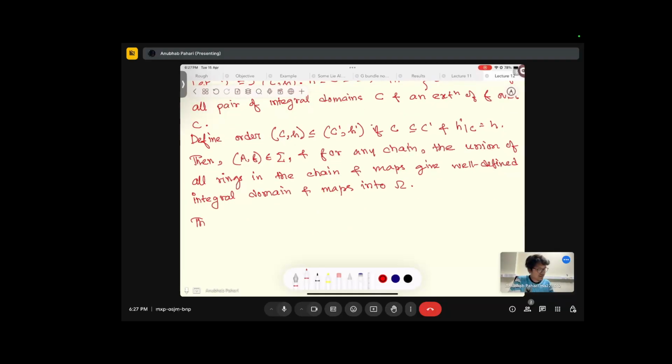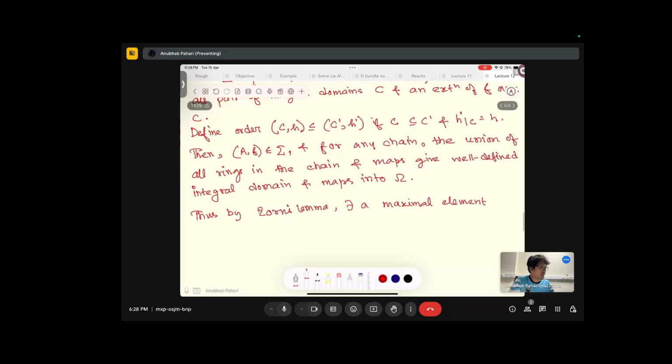Thus, by Zorn's lemma, there exists a maximal element capital C comma small h.